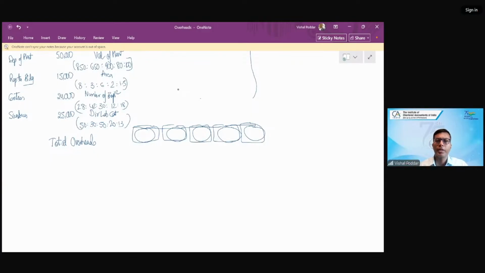Now, understand one thing. We are doing costing of the product. We ultimately want to charge these overheads to the products. But for charging the overheads to the products, what is important is we need to find charging rates for production departments only. Why? Because the products are produced in these production departments.